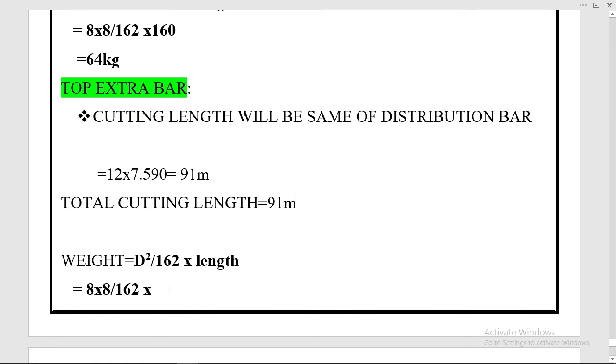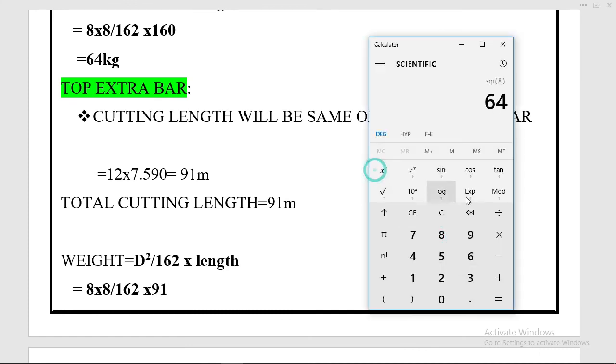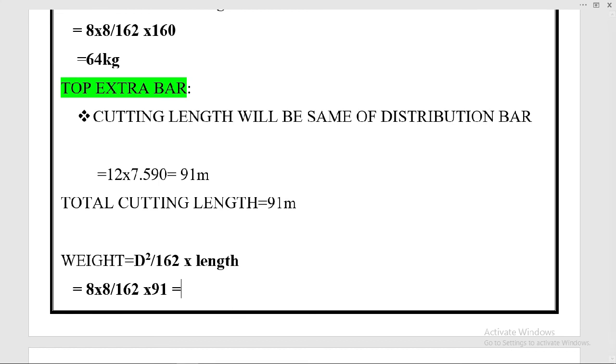Let me calculate it on the calculator now. 8 square divided by 162, multiplied by the total length of the top extra bars, which is 91 meter. So the total weight required for the top extra bars is 35 kg. 35 kg weight of steel is required for the top extra bars, which are 12 in number.